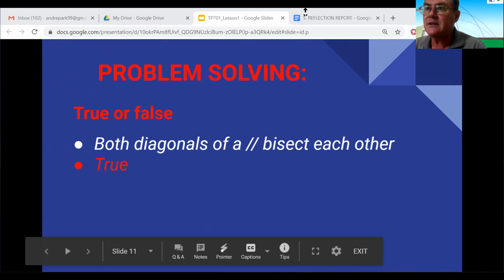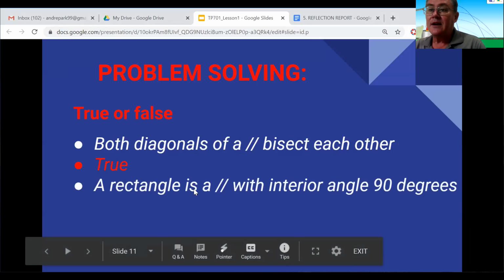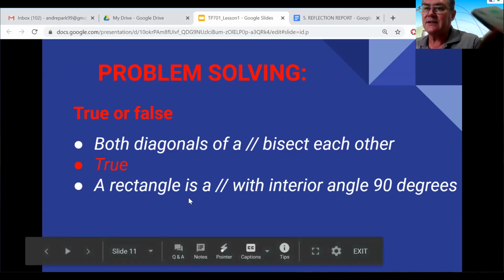Next question. A rectangle. This is a rectangle. Keeps on disappearing on my camera. This is also a rectangle. A rectangle is a parallelogram with interior angles being 90 degrees. Think about it.